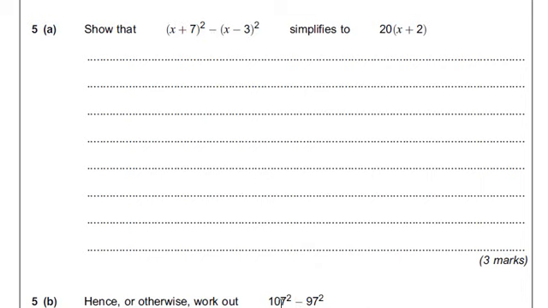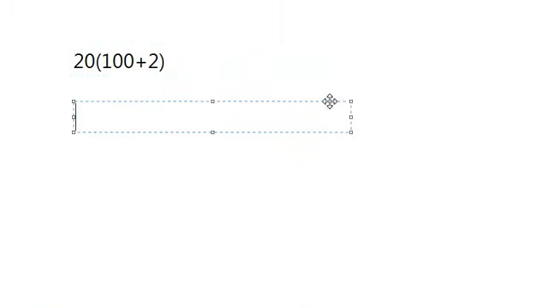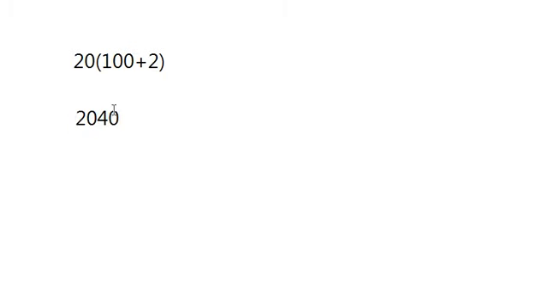There's 97 and 107, so that would fit the pattern. So now we know that x is 100. We can do this, so the answer will be 20 times 100 plus 2, which equals 102 times 20. So the answer would be 2040.